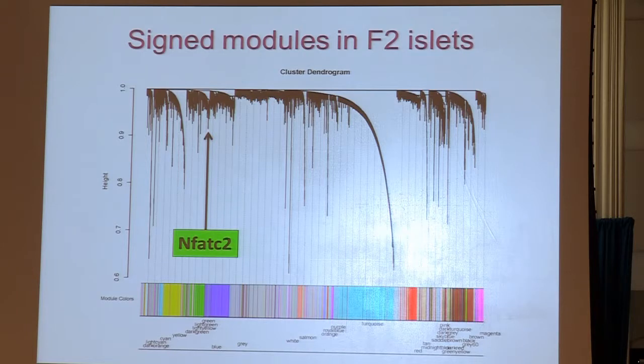We calculated modules, as I showed you, and here we have the Sine Modules. So this is the scruffy feature that Peter talked about yesterday. And we have a green module right here that actually contains NFAT-C2.